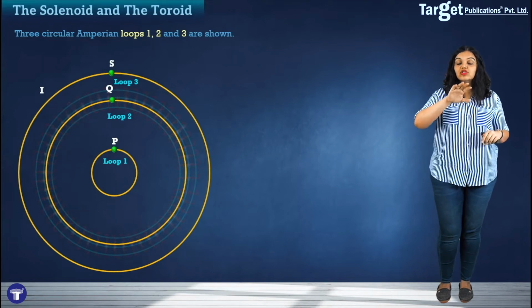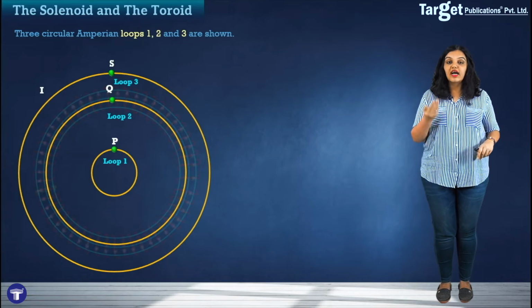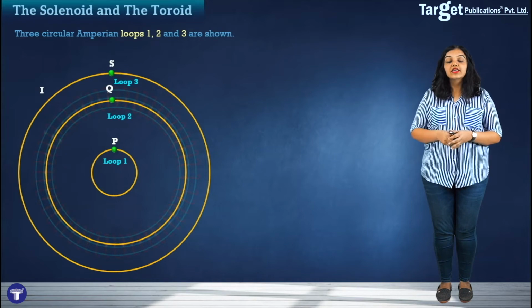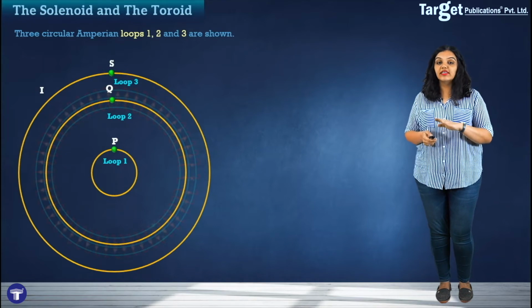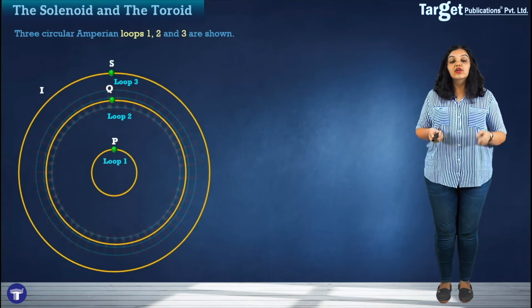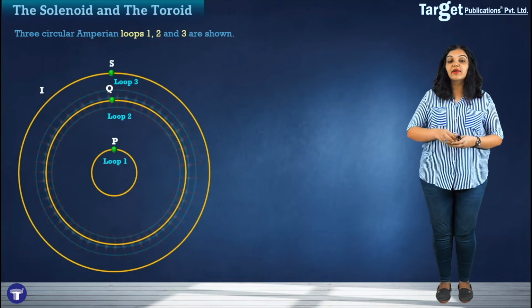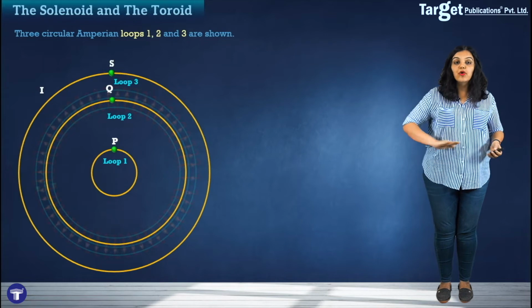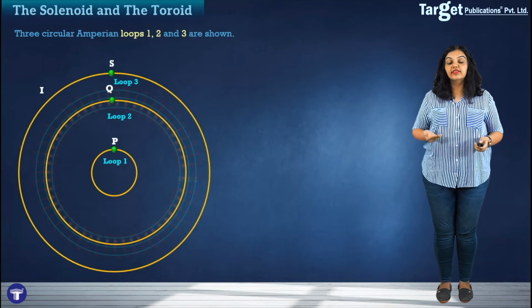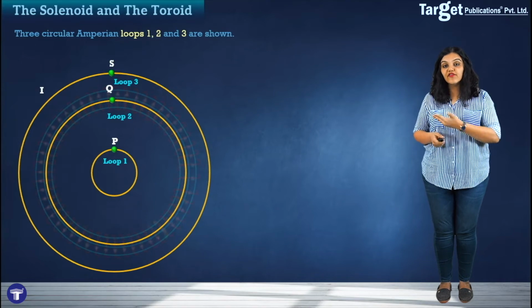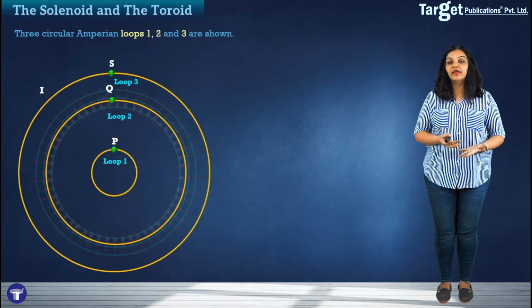So even though I have not shown the surface here, remember the current that you have to assume is the current which is cutting the surface of the loop. If you look carefully, loop 1 does not cut any currents at all. Loop 2 obviously cuts the current, and loop 3 also cuts the current because the surface inside loop 3 is cutting the current. So remember, you have to think of the current as the current which is cutting the surface enclosed by the Amperian loop.